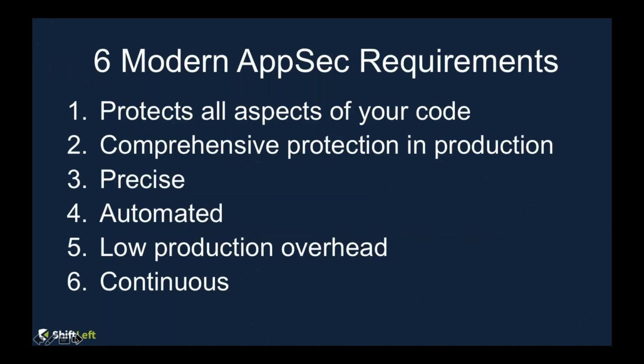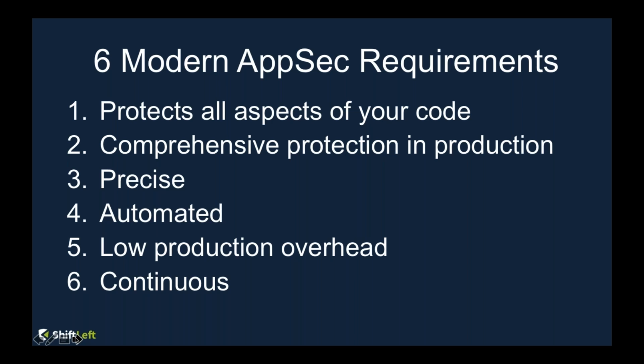So what are the six modern application security requirements? We'll go into the details of each of these in the next slides. The first one is being able to protect all aspects of your code. Code is increasingly being assembled rather than developed from scratch.